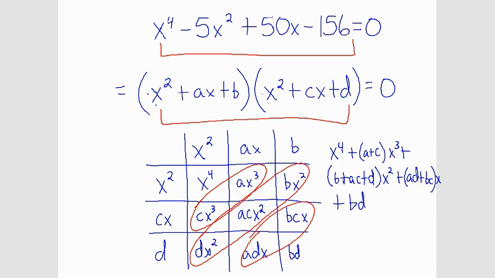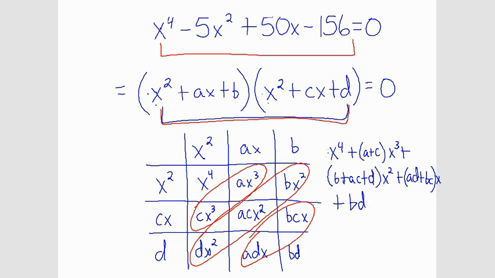Okay, so the idea of this method is that I've multiplied out this factorization that maybe exists, maybe it doesn't. Maybe it exists with rational numbers, maybe with integers, that would be the best case scenario. Maybe it exists with irrational numbers, like square root of 2, square root of 3, that we can write in their exact forms. But the point is, when we multiply this out, we have matching coefficients.